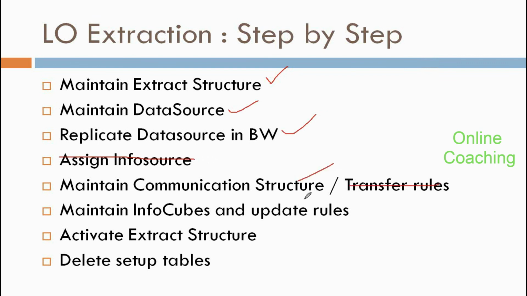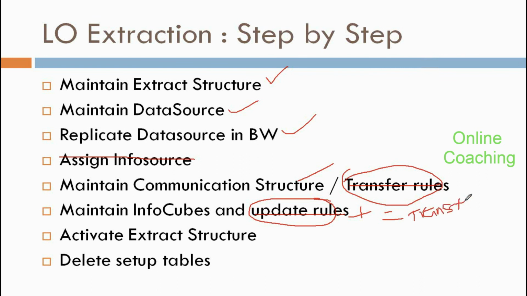This is a transfer rule, again 3.5. So this will be maintained by the system. We don't maintain it manually by default. Maintain info cube and update rules. Update rules, again 3.5 version. See guys, a transfer rule and update rule, both are combined and made into transformation in 7.0. Is it clear?